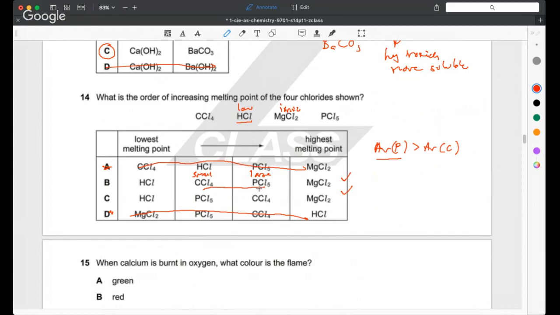And with larger molecules, you're going to have more dispersion forces between the molecules, these intermolecular forces, because the opportunity for dispersion forces to form is much greater with a larger molecule than it is with a smaller molecule.